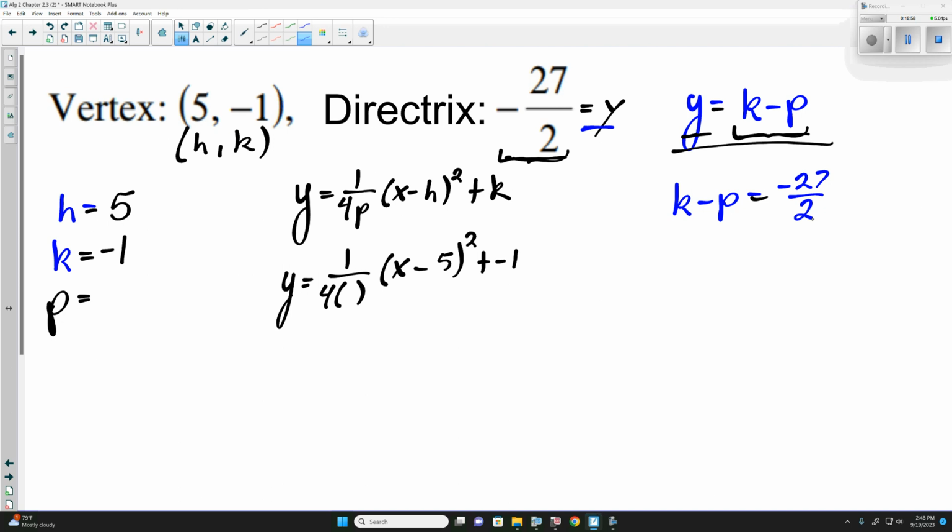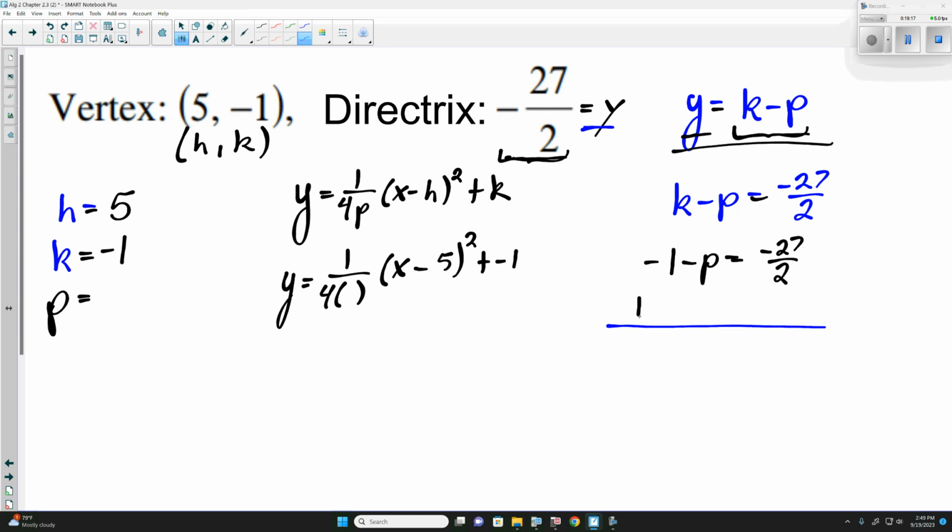Now what is the value of k? So -1 minus p is -27/2. Now we just need to solve for p. So what is with p right now?